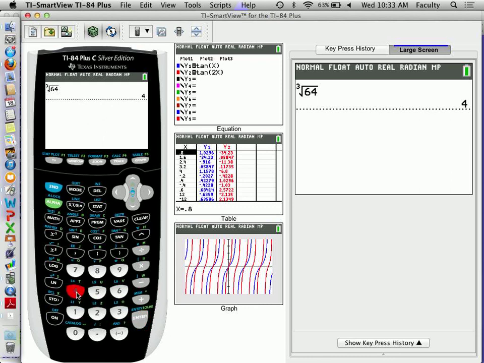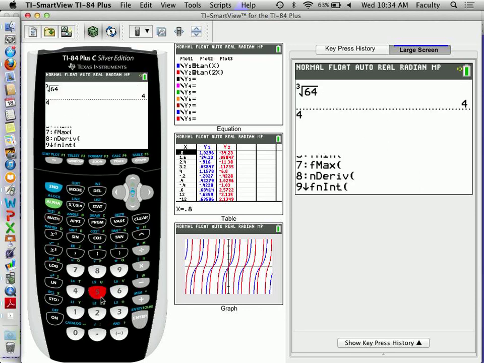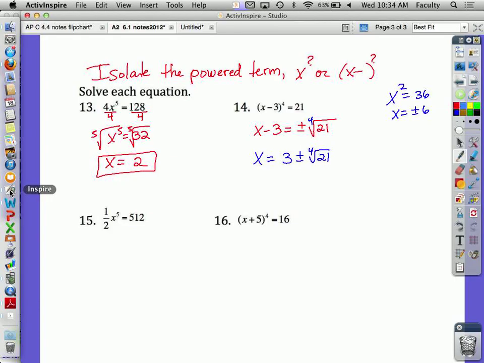So you're going to do 4, math, hit the x root key, 21, and press enter. So it'll do the 4th root, the 5th root, the 6th root, the 7th root. It'll do any root you want, but you have to put the number in first, okay? All right, so we're getting about 2.1.